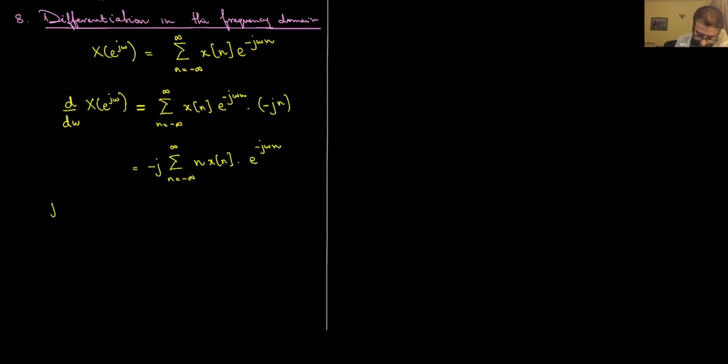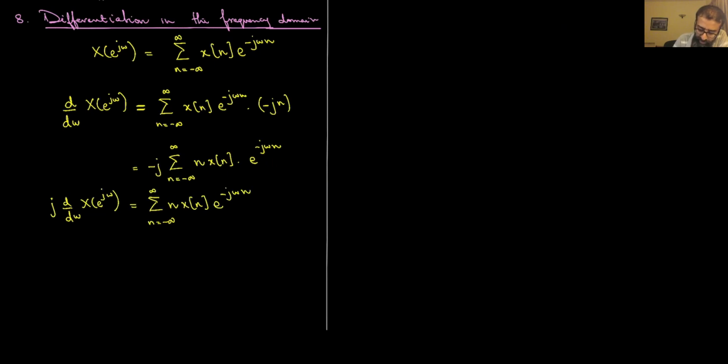So this is j times d by d omega of X of e raised to the j omega, which is equal to minus j times j, which is plus 1, and therefore this is the sum from n equals minus infinity to plus infinity of n times x of n, e raised to power minus j omega n.